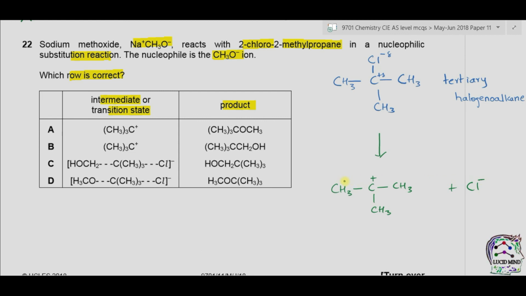And then in second step, CH3O negative will attack this carbon and form product.